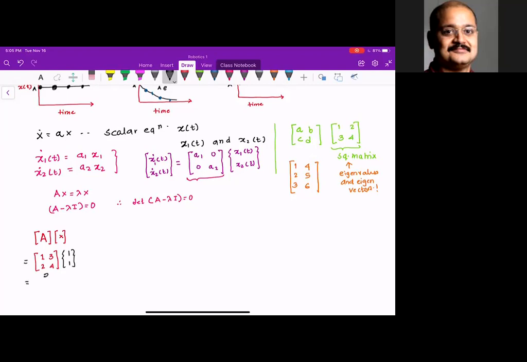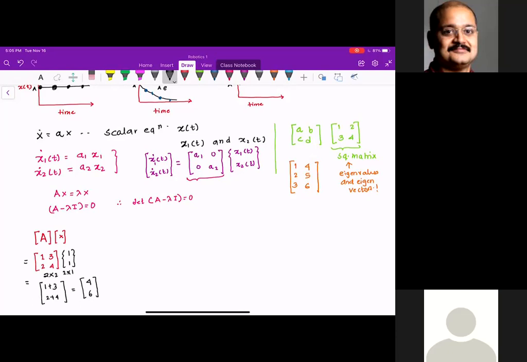Can you see that it is 2 rows, 2 columns, times 2 rows, 1 column? Finally, I'm going to get 2 rows, 1 column. So I will get 1 plus 3, 2 plus 4, so I would have 4, 6. Do you agree with me?